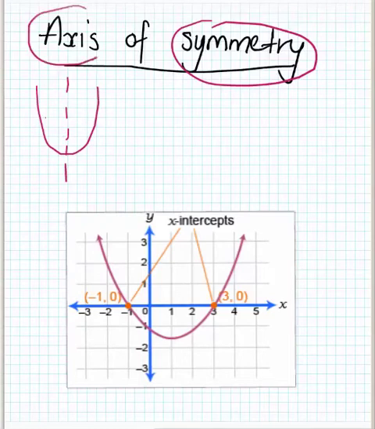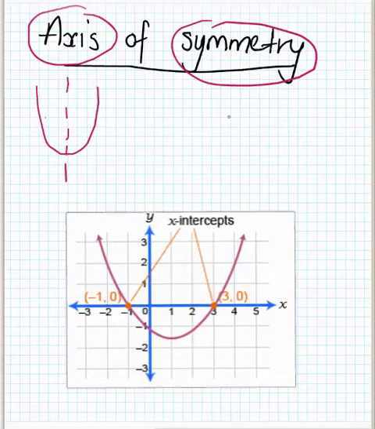Now, axis: remember we have a y-axis and an x-axis, so that's referring to a line. I'm not referring specifically to the y-axis in this example, just saying axis refers to a line, in this case cutting through a parabola exactly halfway to show where it is symmetrical.